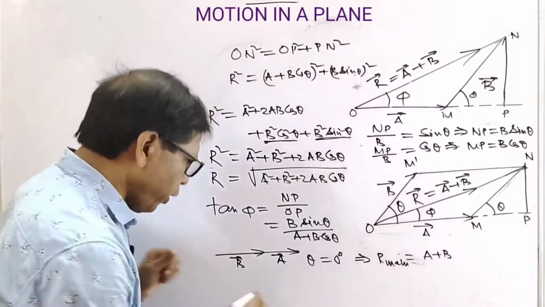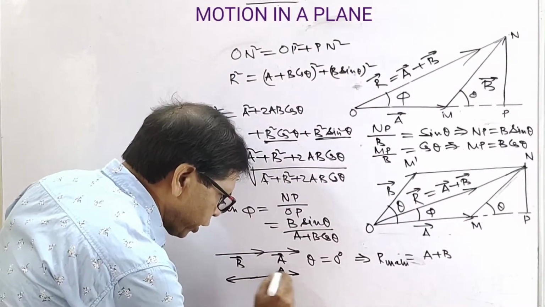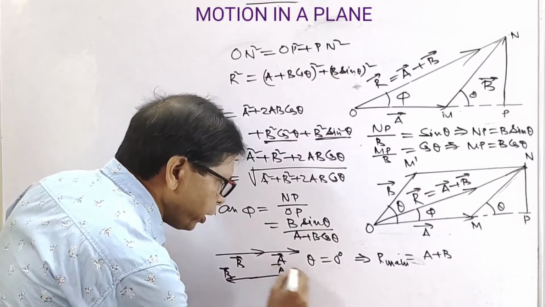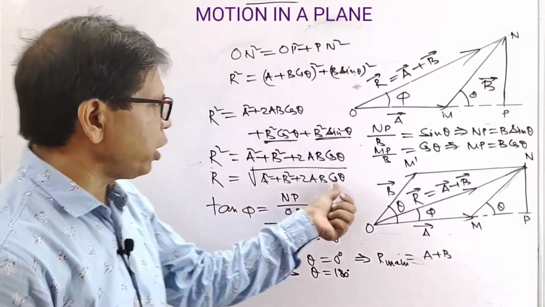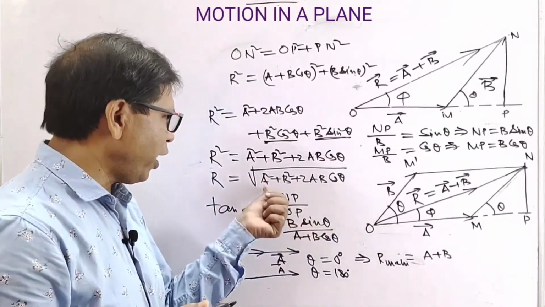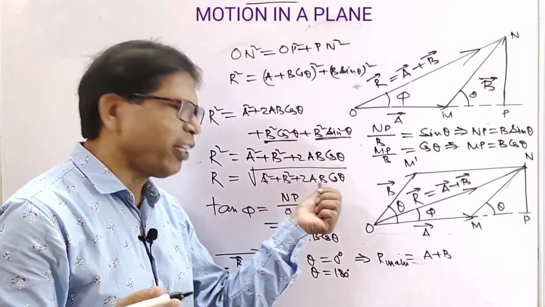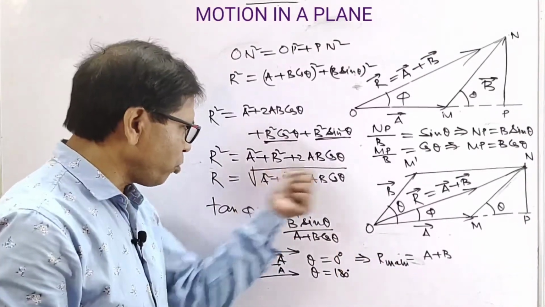In the same way, when A vector and B vector are in opposite direction, theta equals 180 degree. If theta is 180 degree, cos 180 degree equals minus 1, so this is A square plus B square minus 2AB, so this becomes (A minus B) whole square root under.